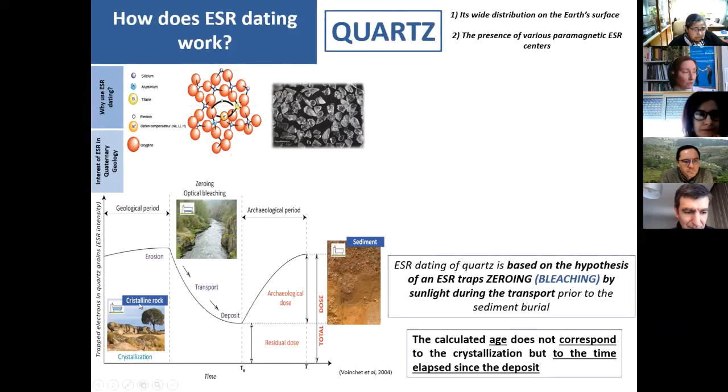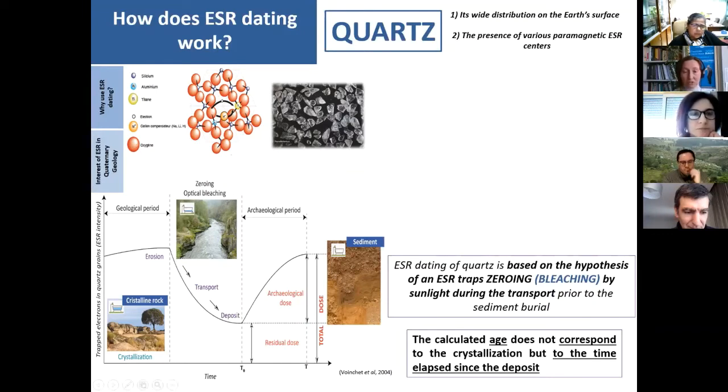I mean, when the rock is part of a mountain, it is absorbing radiation and trapping electrons in the paramagnetic centers. When this rock is eroded, the quartz grains are transported by the river, and when they are in contact with the sunlight, the electrons are released. So when this sediment is deposited, we assume that the number of electron traps is 0, okay? This releasing of electrons is called bleaching.